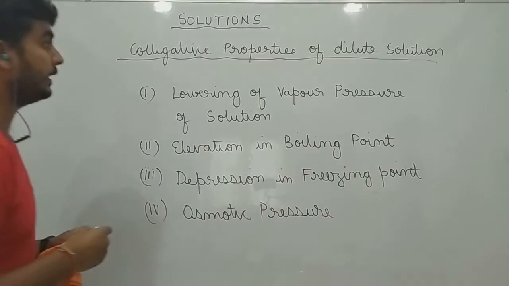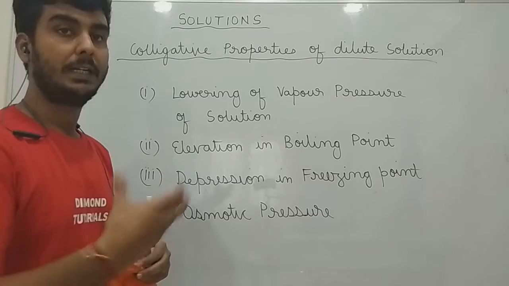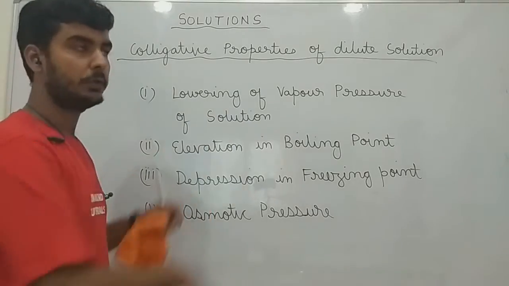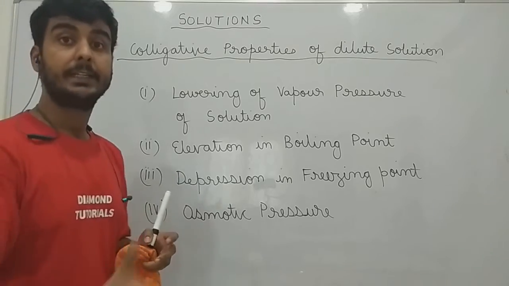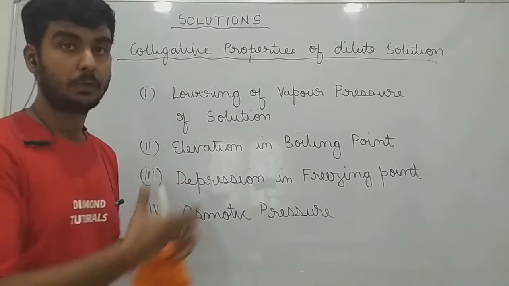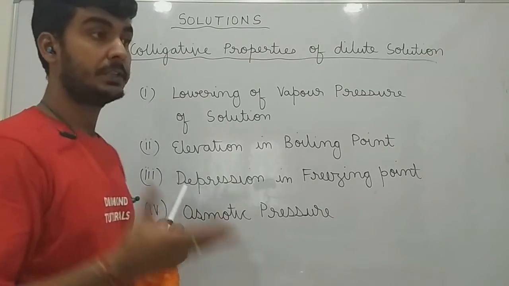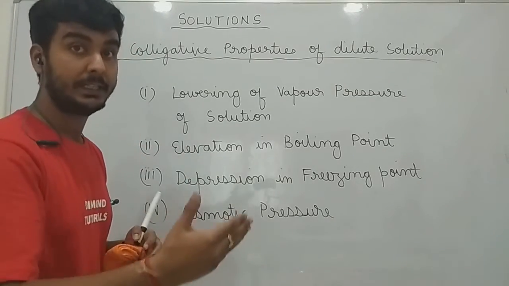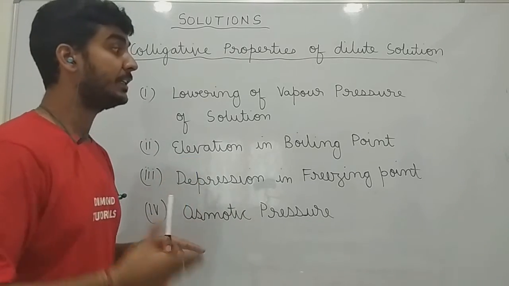So the first property is lowering of vapor pressure of the solution when you add a non-volatile solute to it. Don't worry, we'll discuss each of these properties in detail, and you'll see numerical problems on each of these topics. Second, elevation in boiling point.